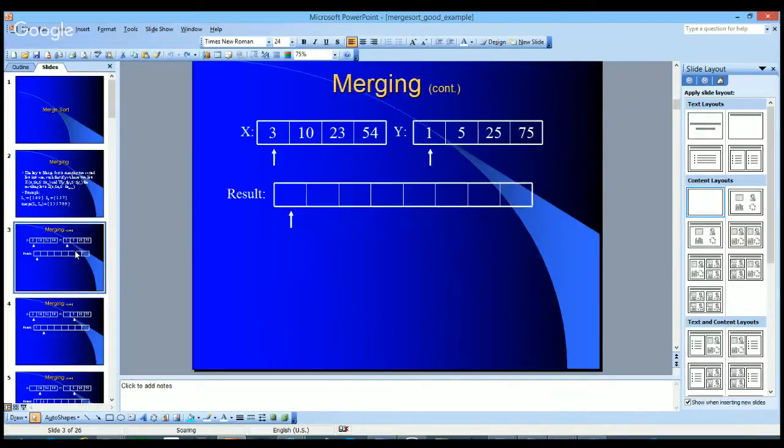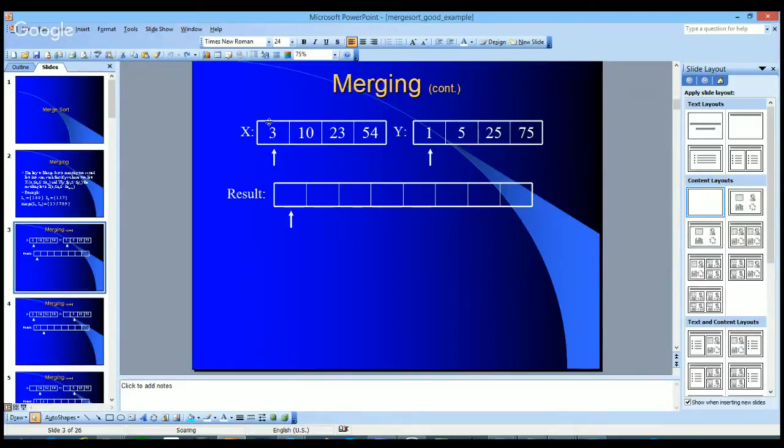How it works is these two already sorted lists are taken and they are compared one element at a time from each already sorted array.